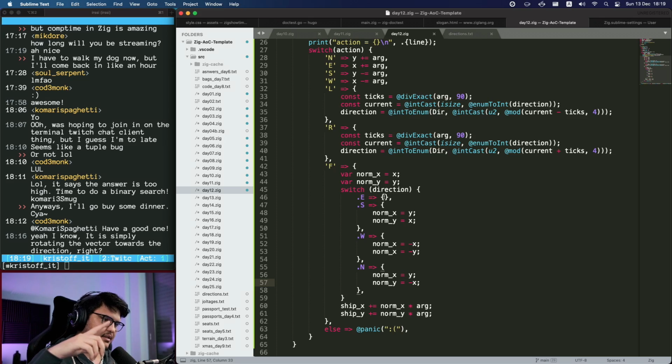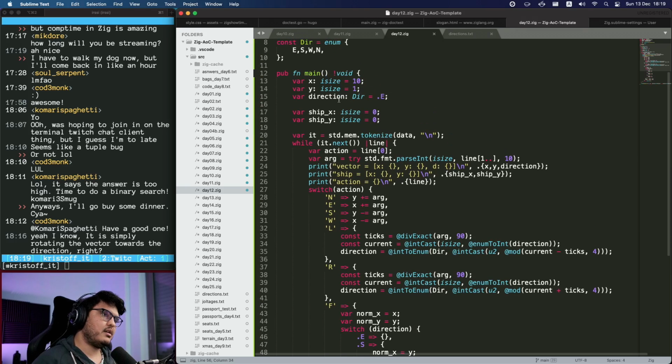East is right. East is right. South is swapping, right? Because if we rotate south, y becomes x, x becomes y. Yes, and the signs don't change. North is the same. Wait. Yeah, because the starting direction is east.